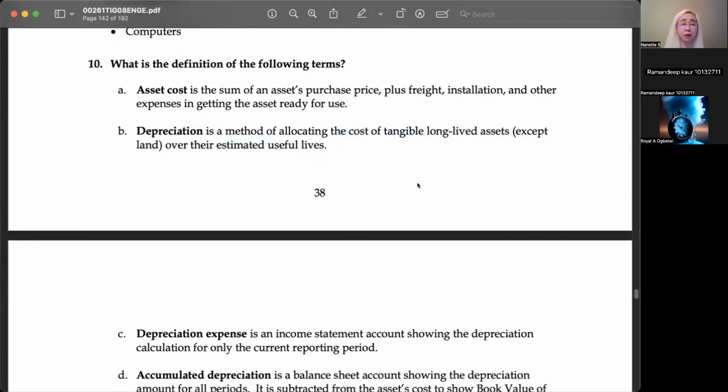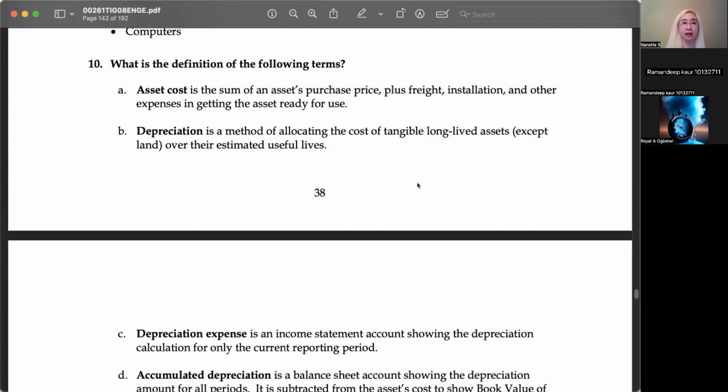Right. So most items that we use for business will depreciate or will lower in value as you use it, except for land. Land normally appreciates in value. So the land that you bought today will not be the same amount when you think about 5 years or 10 years from now, especially in Canada.